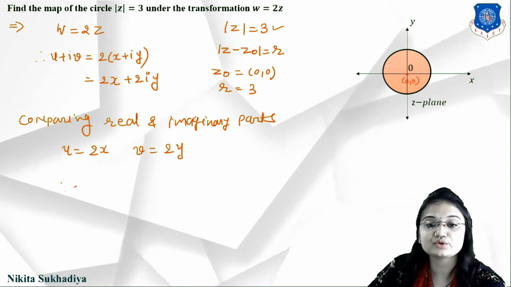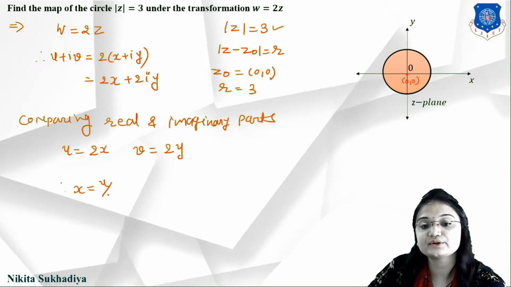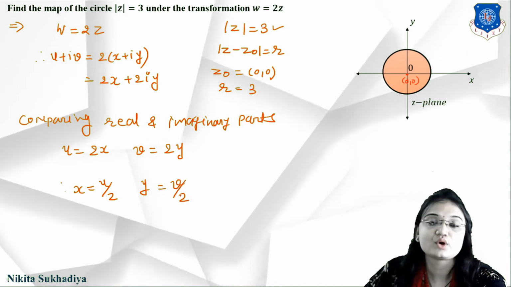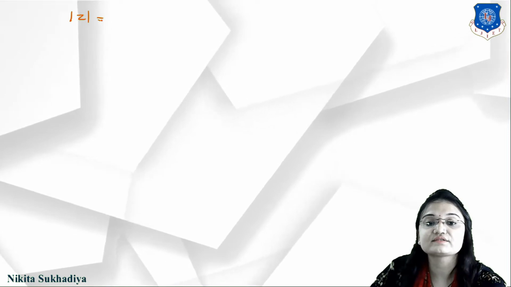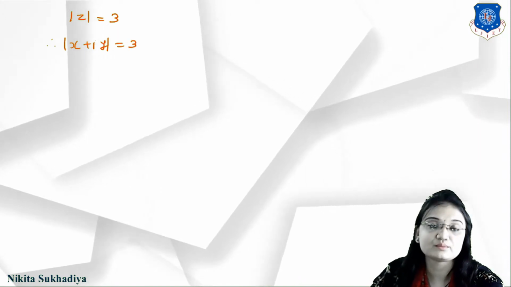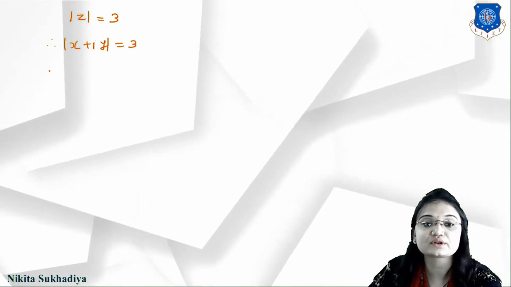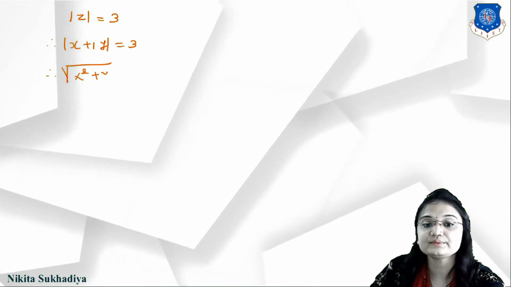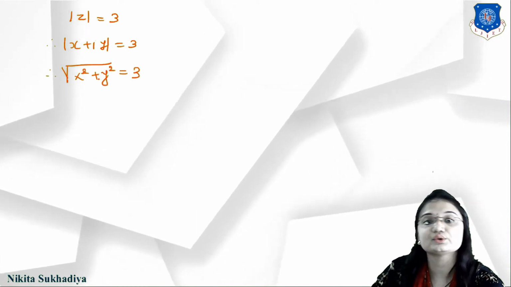Okay, so we can put x is equal to u by 2 and y is equal to v by 2. Now here we have modulus of z is equal to 3, so this is nothing but mod of x plus iy is equal to 3, which is under root of x square plus y square is equal to 3.